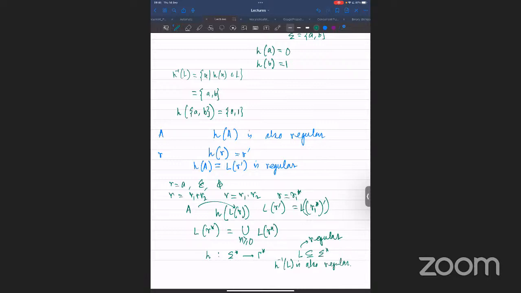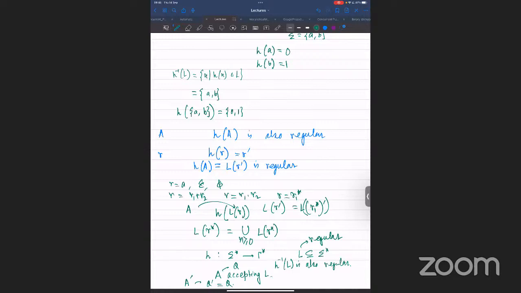And what did we do? Since it is given that L is regular, we could construct a DFA A accepting L. And now we also construct A prime with the same state space. Suppose A has the state space Q and A prime has the state space Q prime, then Q prime equals Q, the same state space.